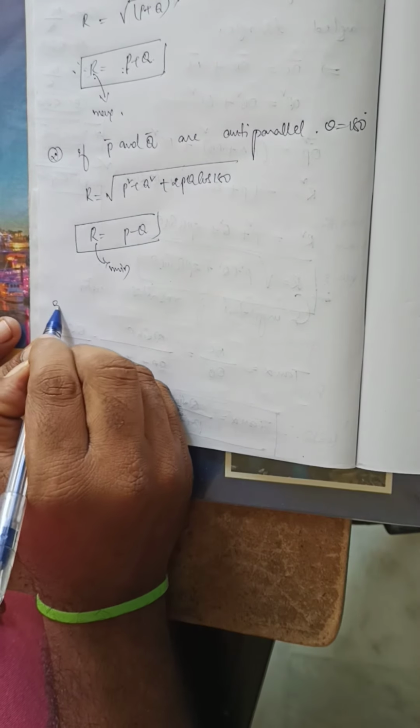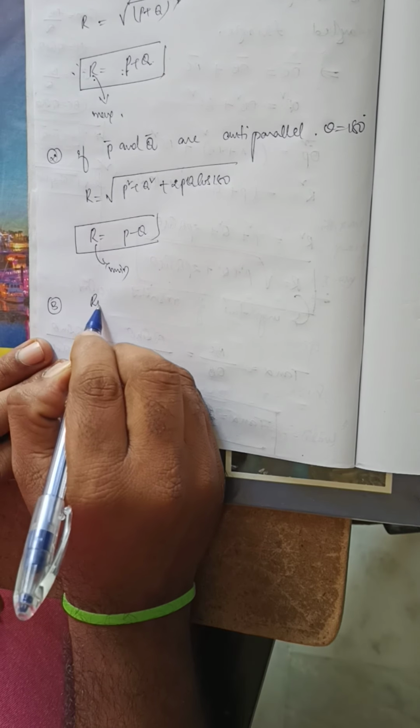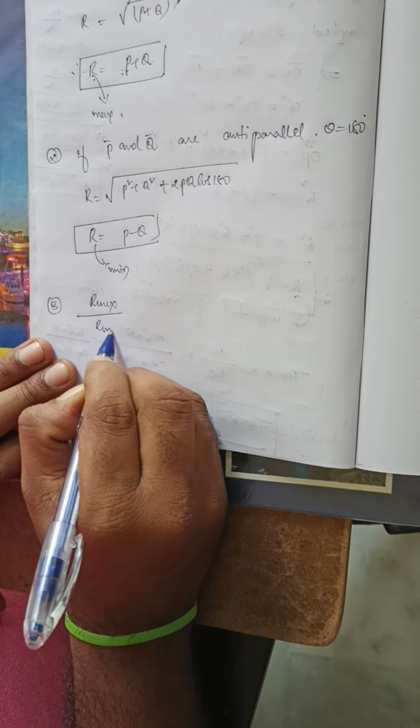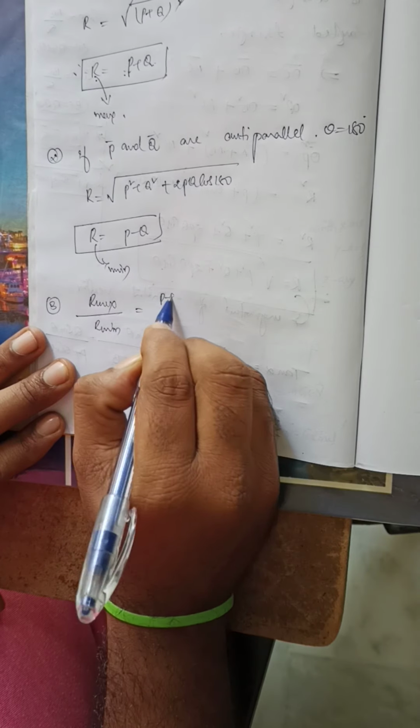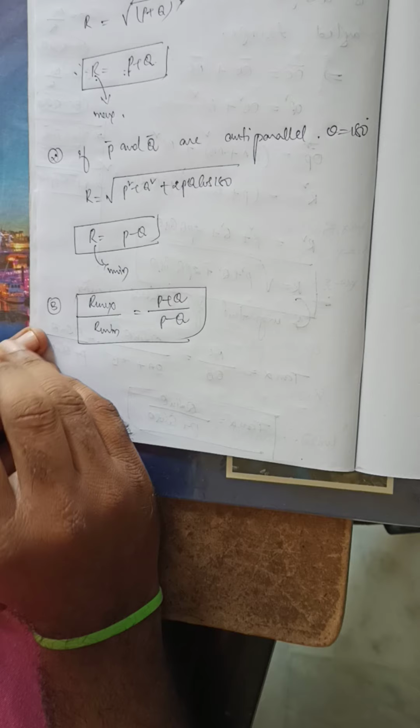So now this is the third case. So r max by r min is equal to p plus q by p minus q, this is the important formula. Okay na?